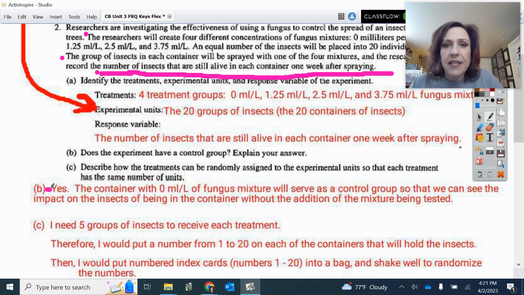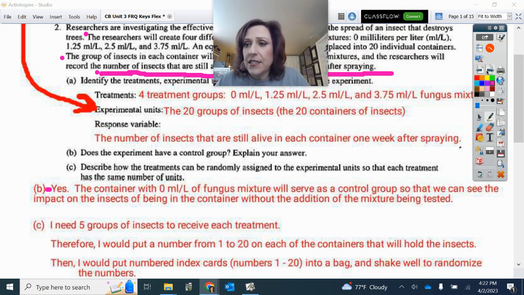So yes, it does have a control group. The container with the 0 milliliters per liter of the fungus mixture is the control group. And it says explain your answer, so I went ahead and said so that we can see the impact on the insects in the container without the mixture being tested.